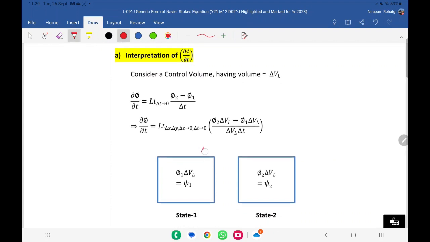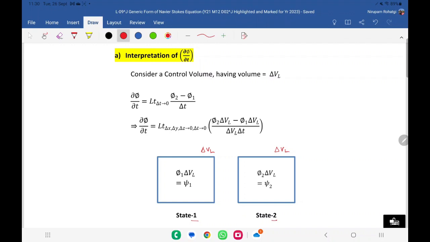This is delta VL, same volume here, state 1 and state 2. At one point of time it is this, at the second point of time, it's not moving, it's only because I have to show it's a control volume, so it's fixed. Okay, not moving. Because I have to show two, so I have to separate them.